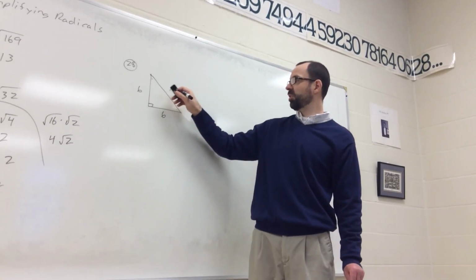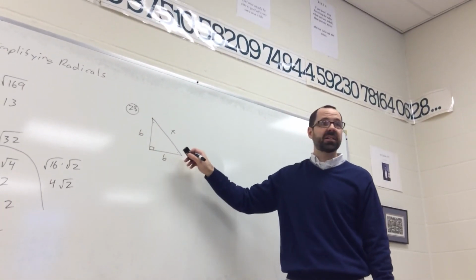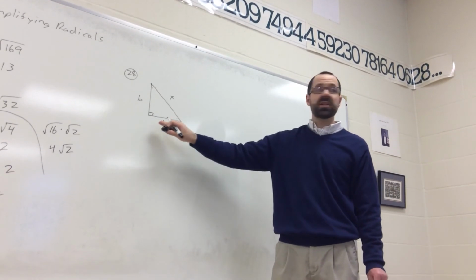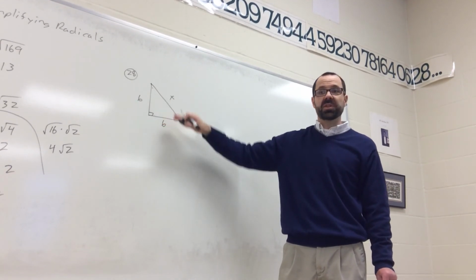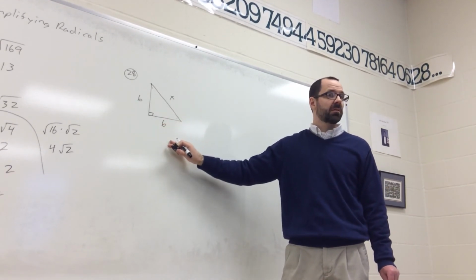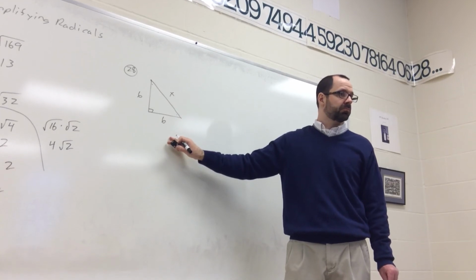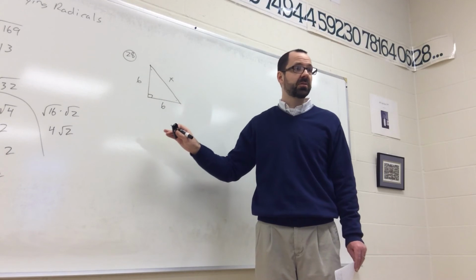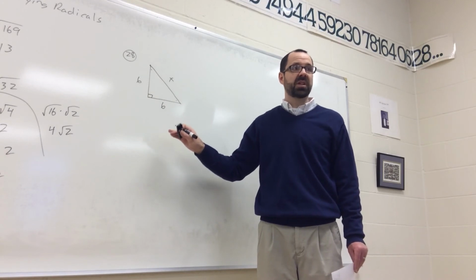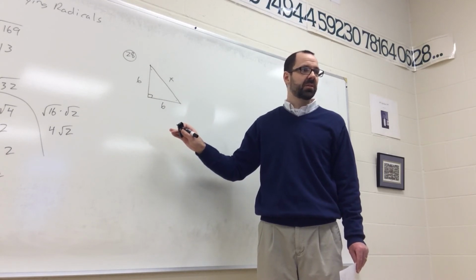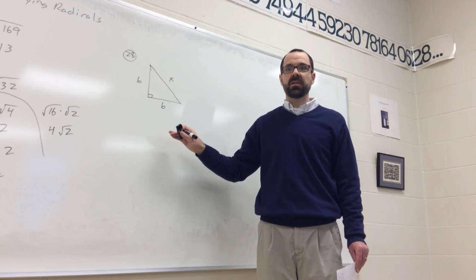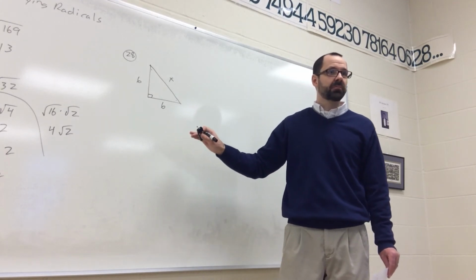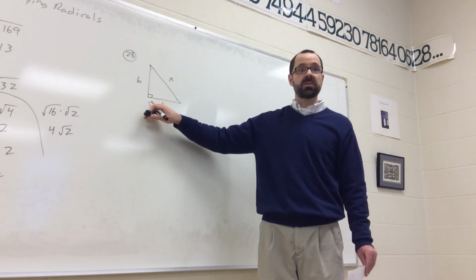Okay, but really what I want to know is how long this side is. So when you have a right triangle, what can you do with the sides? There's a famous theorem that goes with the sides of a right triangle. There's a guy's name attached to it. Yeah. Pythagorean theorem, right? So anytime you have a right triangle, you can do Pythagorean theorem.